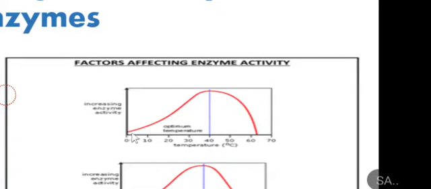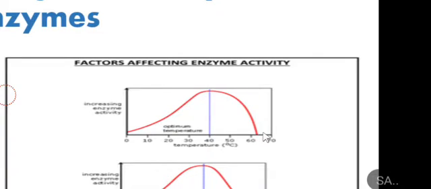You can see here the rate of reaction is increasing. But once it has reached its peak, here at 40 degrees Celsius, after exceeding this temperature the enzyme's activity is going to fall and then it goes flat.